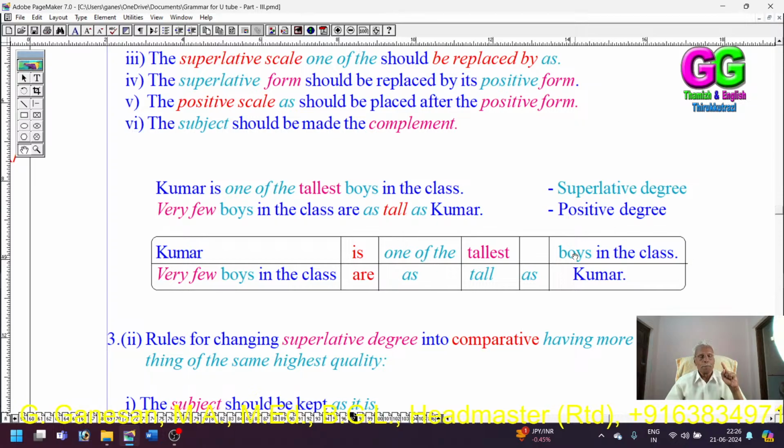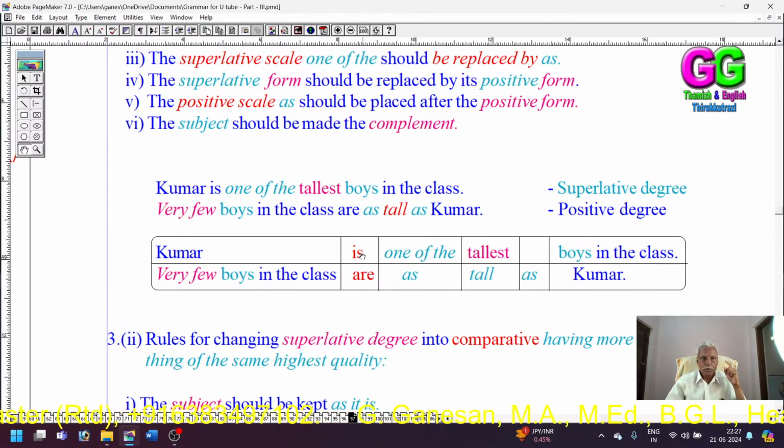Before the plural noun, "very few" should be added, and the entire thing should be made as the subject. That is, "very few boys in the class".